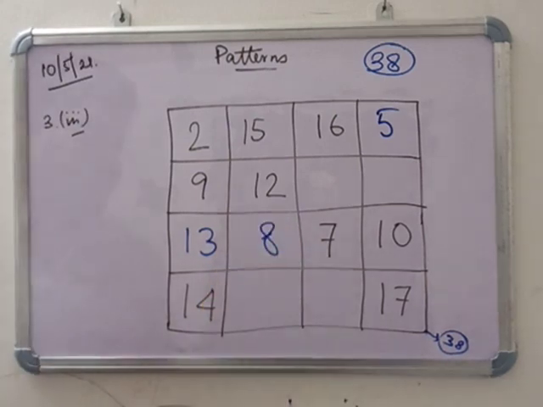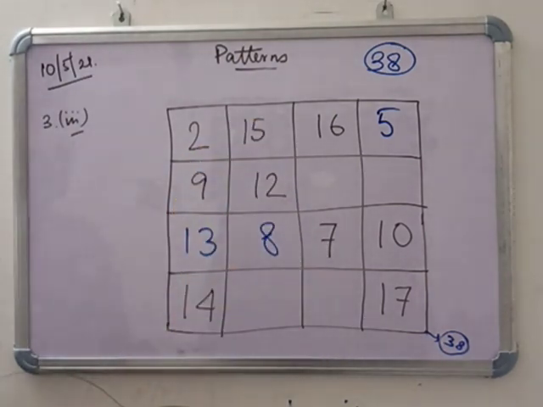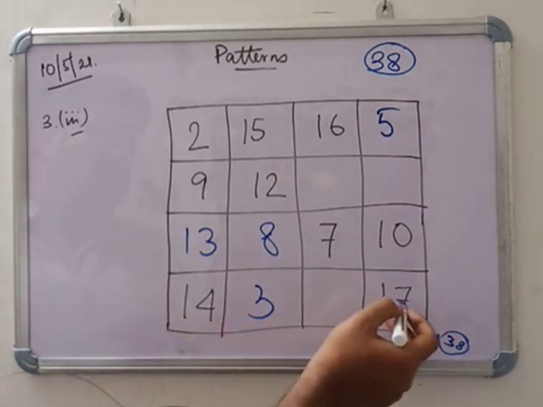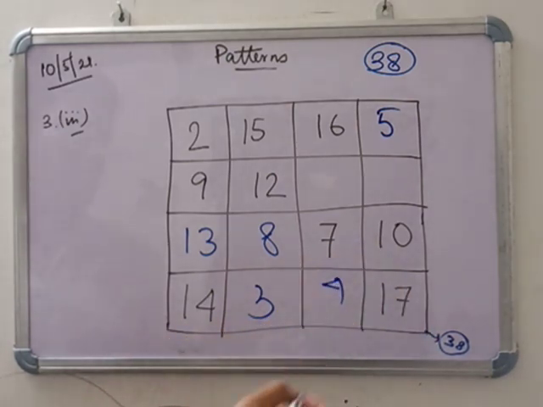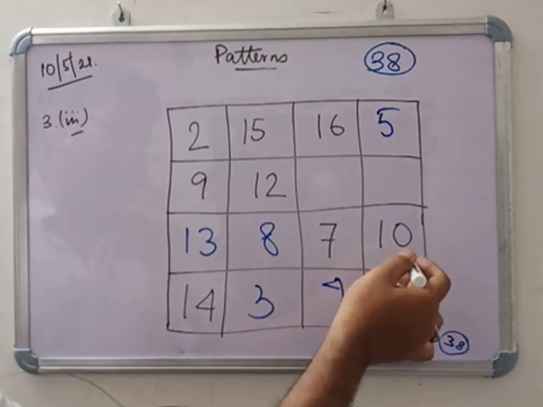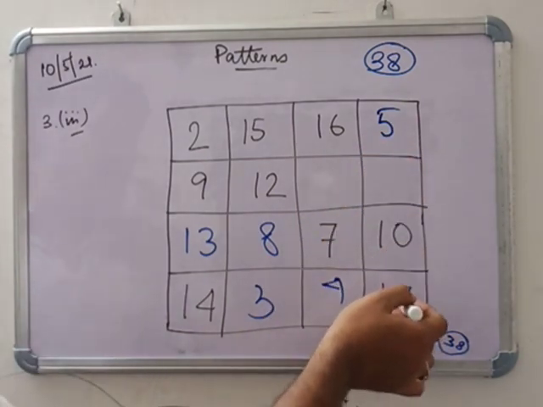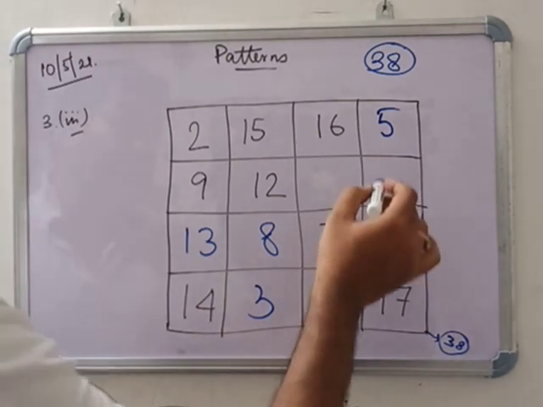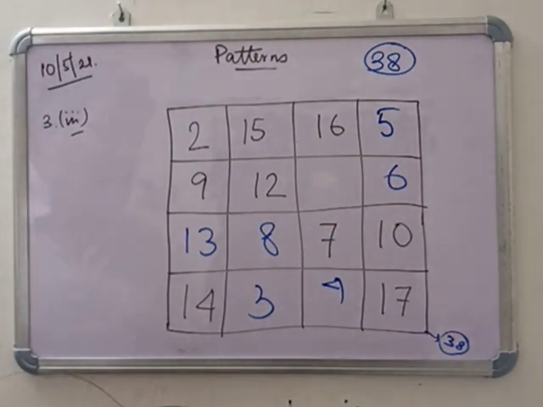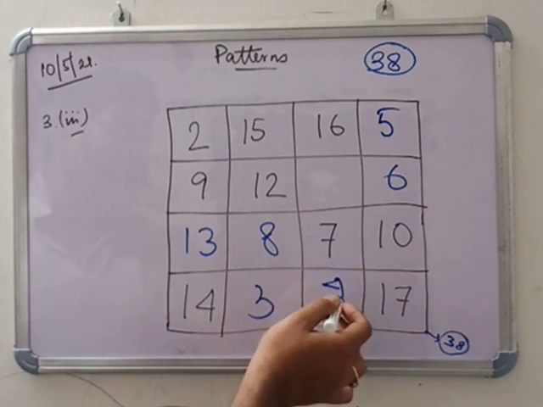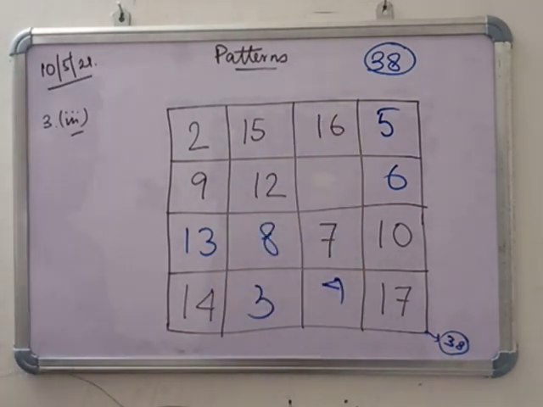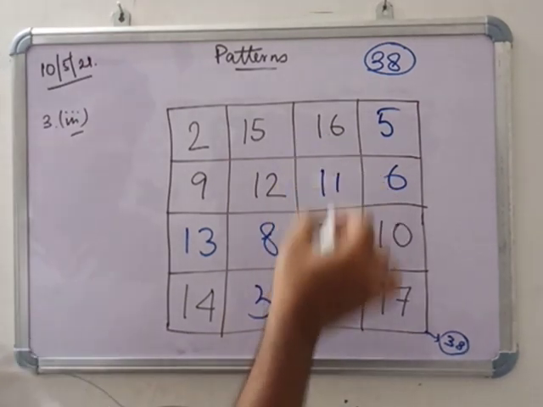That means this is 8. 15 plus 12, 27, 27 plus 8, 35, 35 and 3, this is 38. 14 plus 3, 17, 17 plus 17, 34, that means 4. 5 plus 10, 15, 15 plus 17, that means 32, that means 6. And 11 plus 16, that is 27, that is 11.